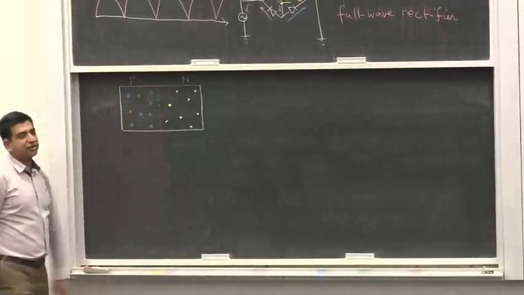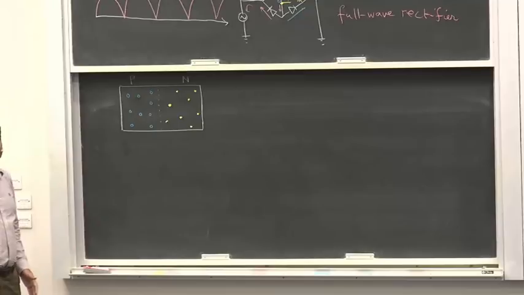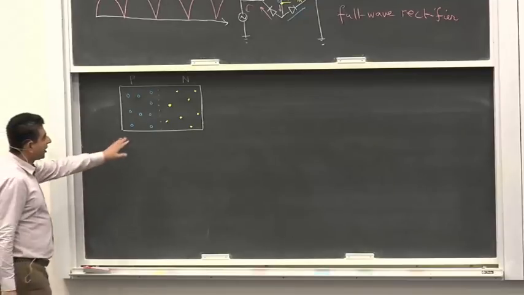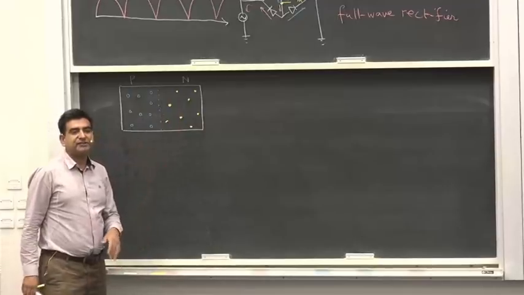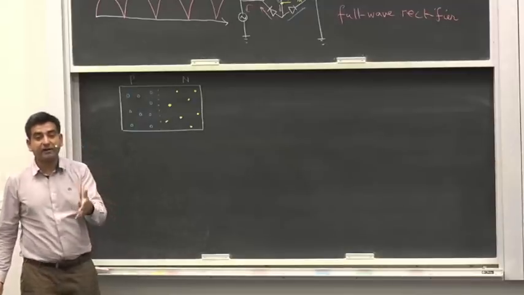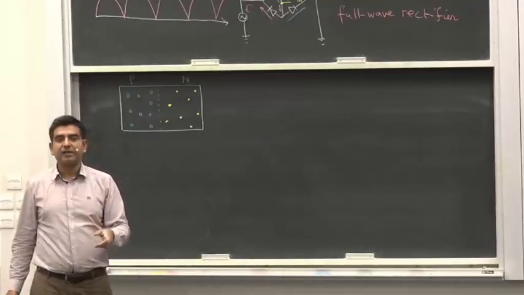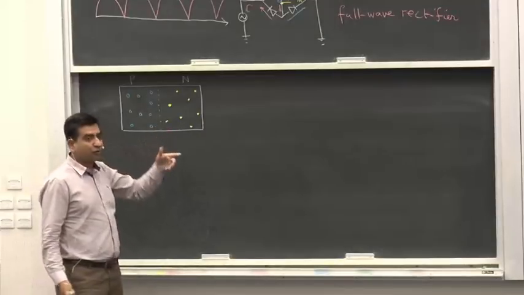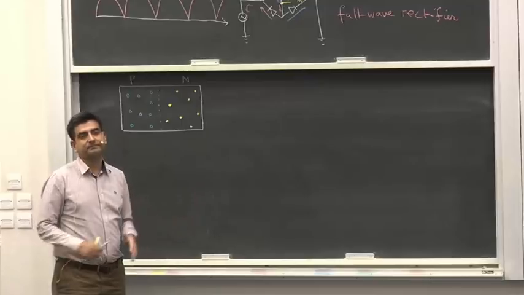Now this is a picture of a diode, and these are the charge carriers. Remember that in addition to these mobile electrons, there are a large number of electrons inside the n-type material, but all of them are in the valence band and they do not contribute to conduction. So what I'm drawing here are only the electrons inside the conduction band.